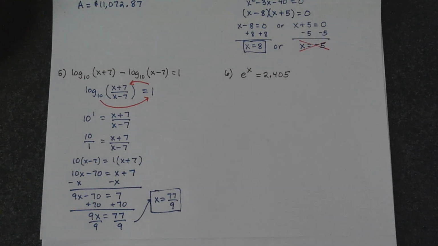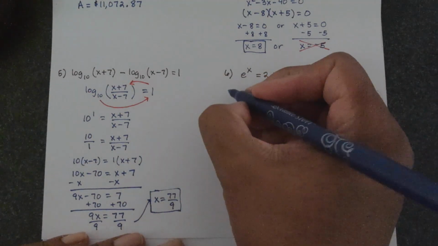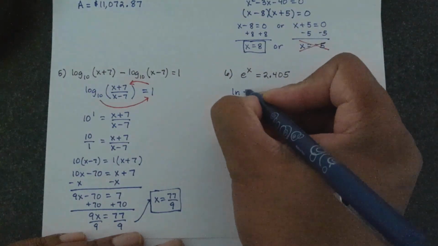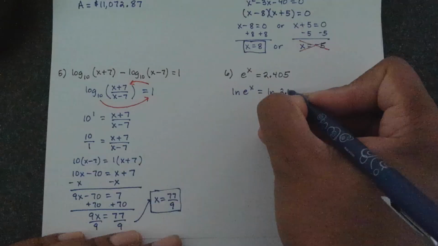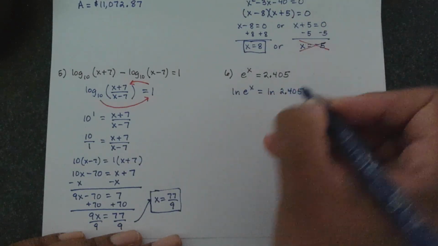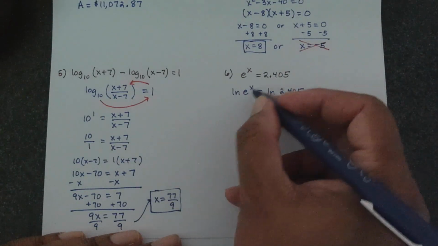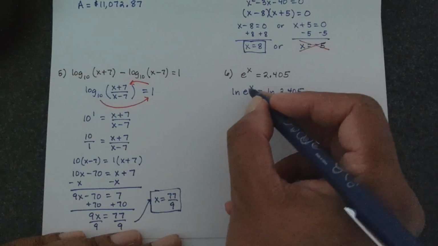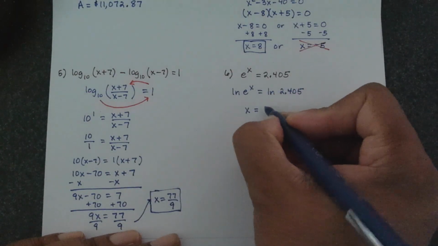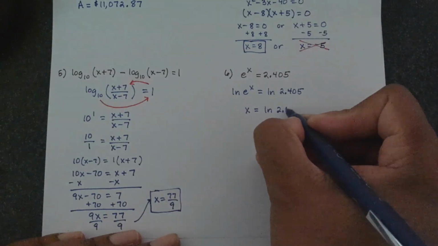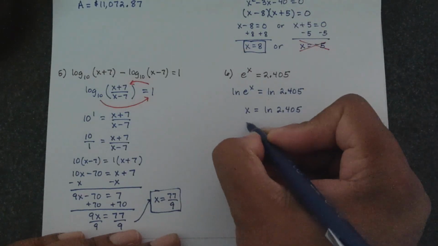So to solve this, you're going to have to take the natural log, or the ln, on both sides of this equation. So ln of e to the x would just be x, and that's equal to ln of 2.405.